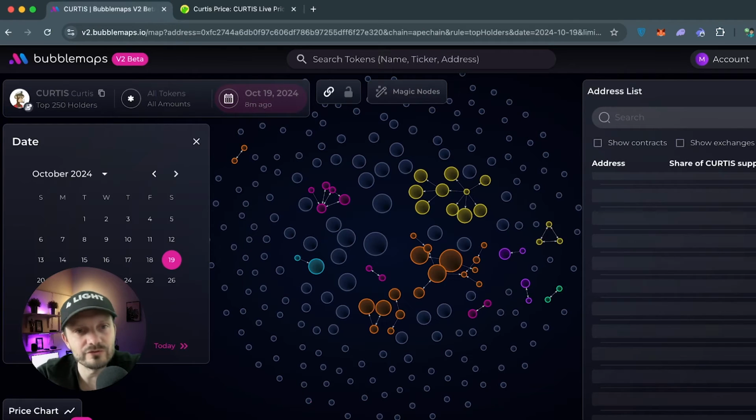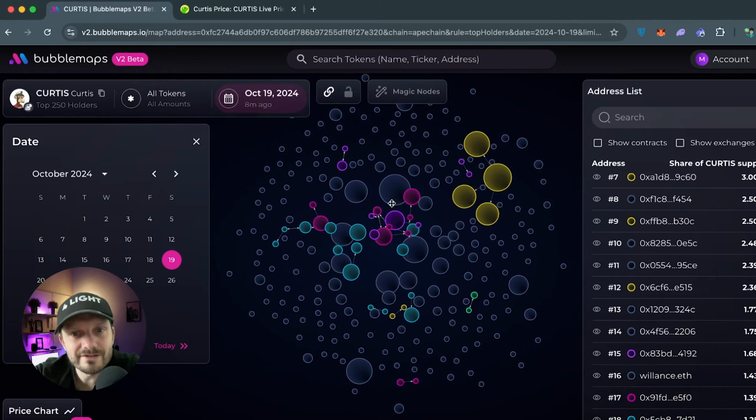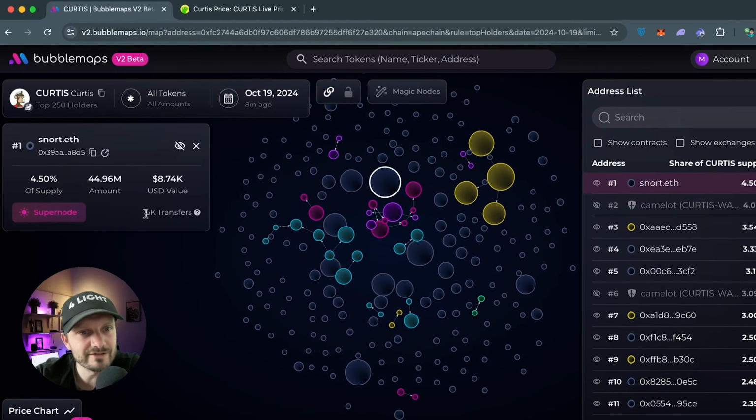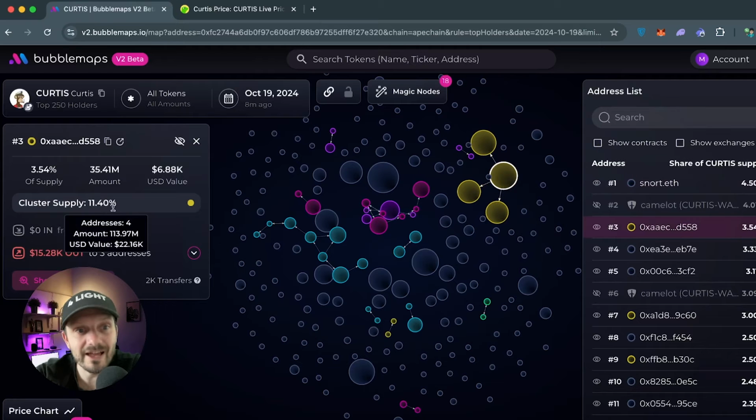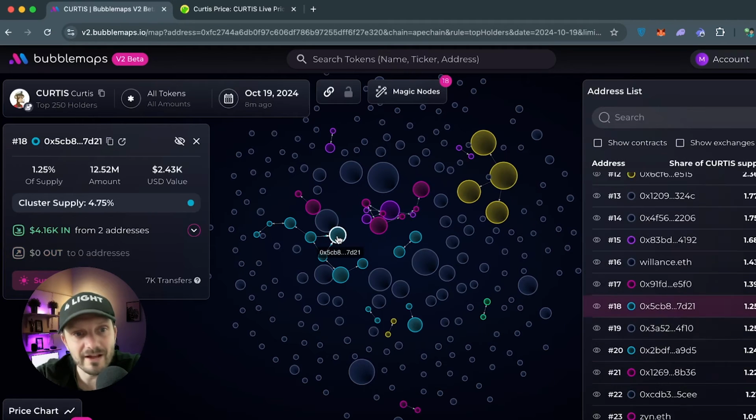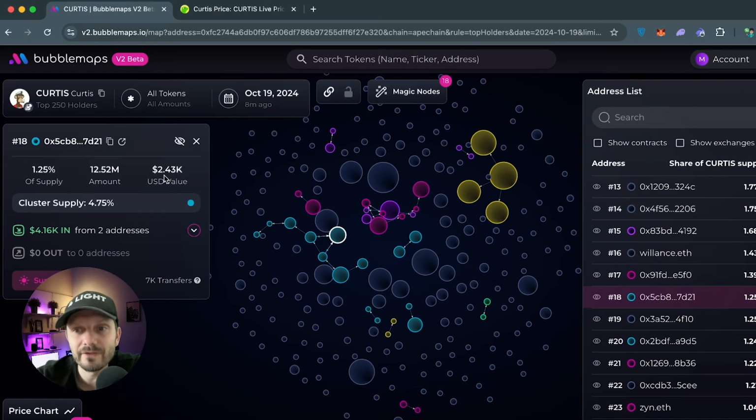We press the launch day with time travel, and here is the more interesting stuff. We can see only one single wallet controls 4.5% of total emission. Here was 11% of total supply. So it's kind of weird, and it's definitely a red flag. Even if the value is so low, it makes no sense to invest in this type of risky token.